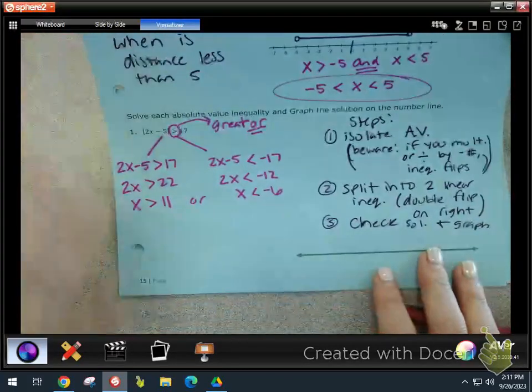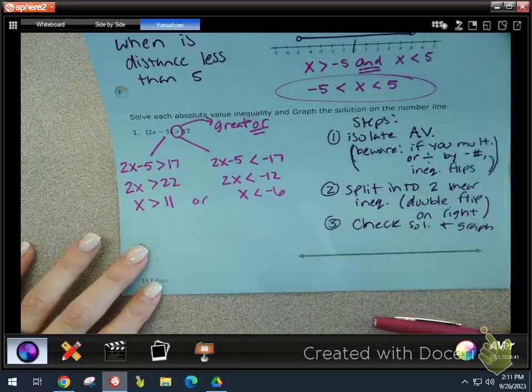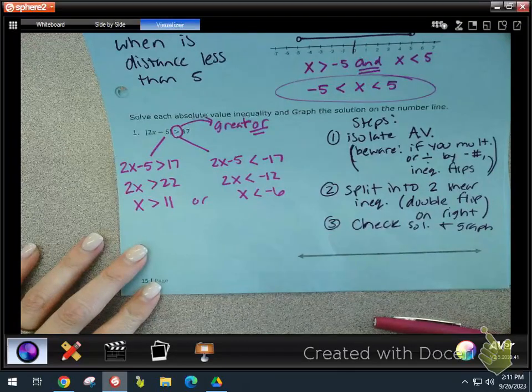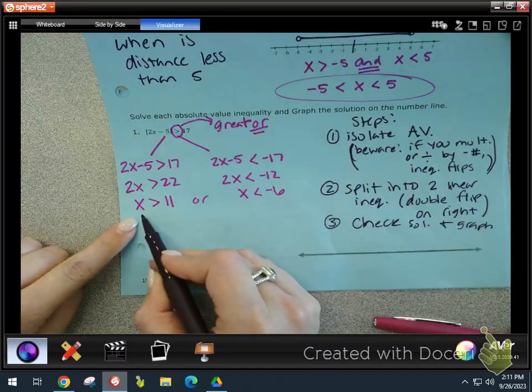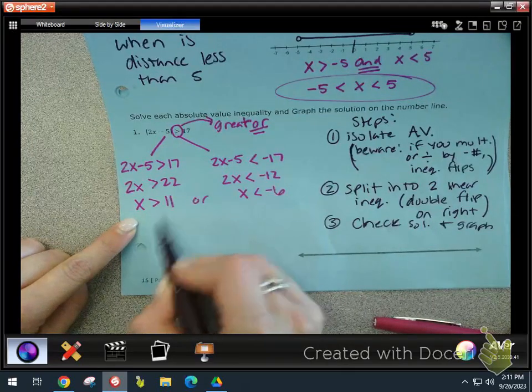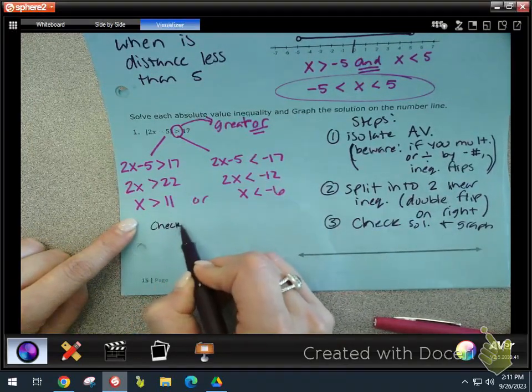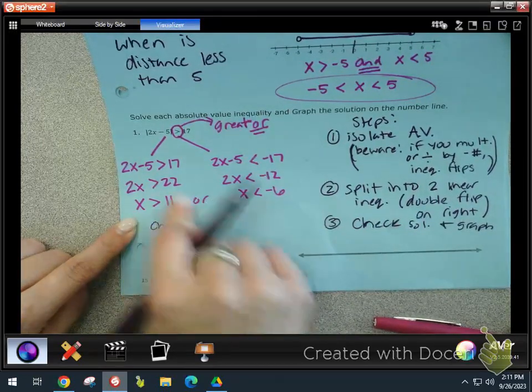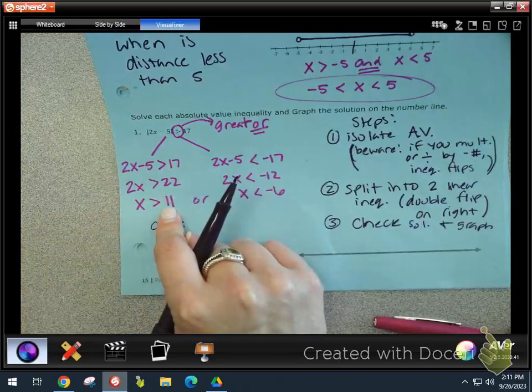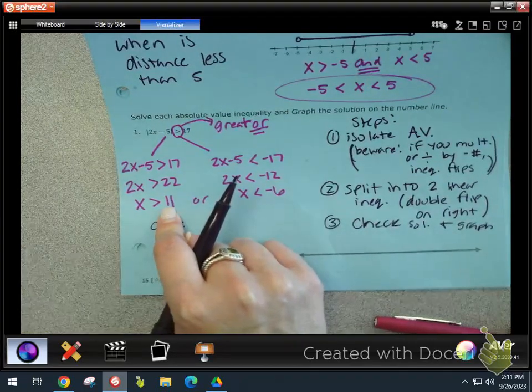But we've got to check. I know, everyone's favorite thing. When it comes to checking, this is another thing that is slightly different with inequalities. You have to check a value that is true to that inequality. So if I'm looking at x is greater than 11, am I able to check with the number 11?